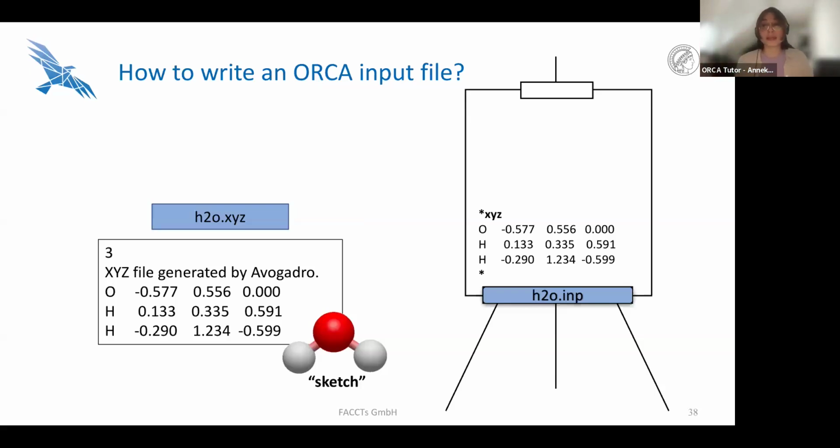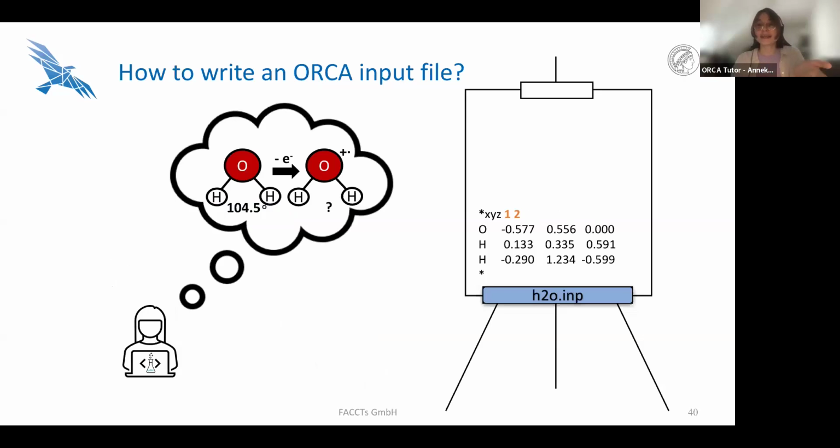However, this is not all the information about our molecule; the charge and multiplicity are also really relevant, and we have to include them in the input file, particularly in a case like this, because the charge and multiplicity is really the dividing factor between our neutral molecule and our ionic radical, right? Since we want to calculate the second one, we're including here the charge 1 and the multiplicity 2.